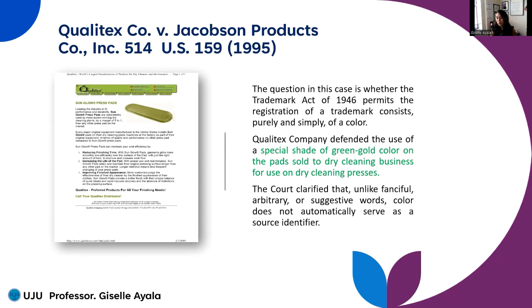However, if there is a point where the market will be harmed because other competitors or market participants cannot access colors, well, at that point, actually, the functionality doctrine is going to intervene and then color will not be protectable anymore. However, that's just a hypothetical and it's not enough to deny protection to Qualitex.